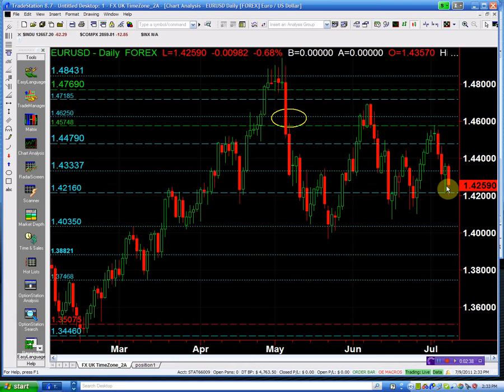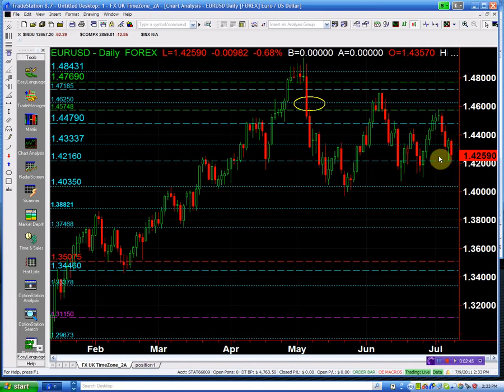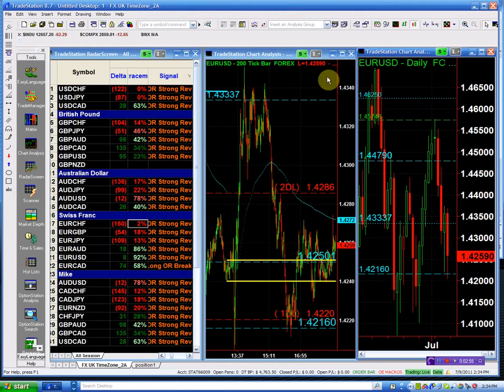And if we were able to trade at or around these points, we should have been doing well with the euro dollar. So right now we are short technically from the 143.33. This is our radar screen.